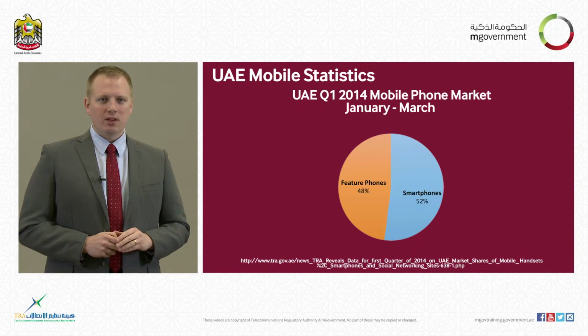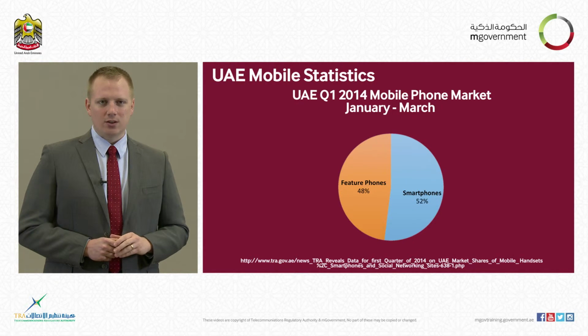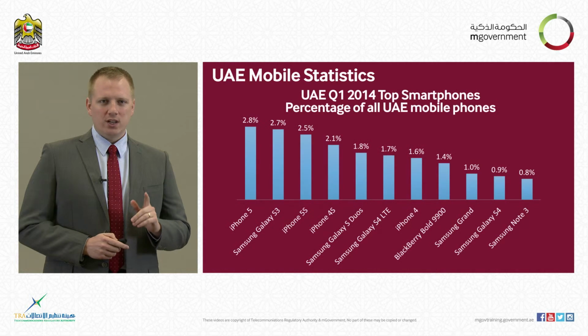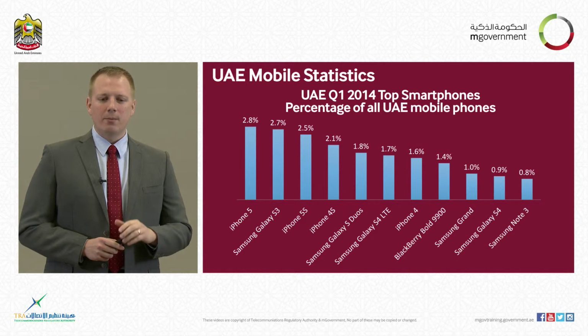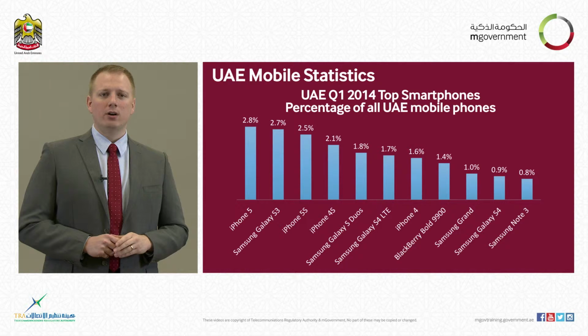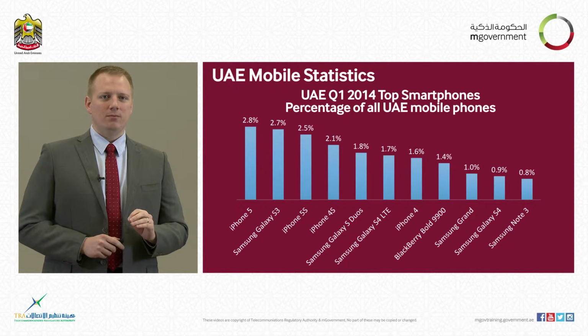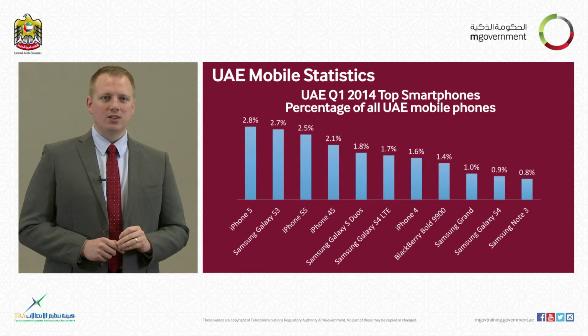We also saw something new in the fourth quarter of 2013, and we'll see a major change here when we look at the top 3 devices for the first quarter of 2014. That new entry into the fourth quarter of 2013 was the iPhone 5S.